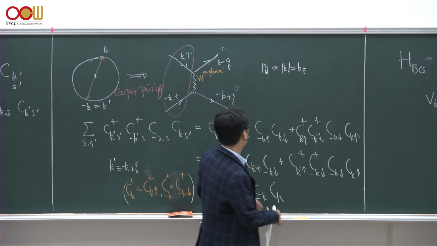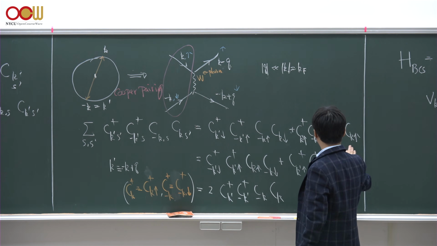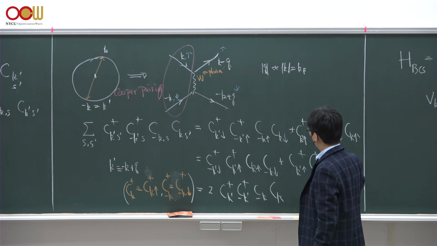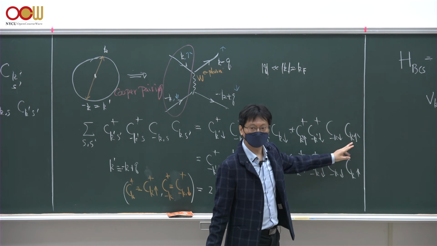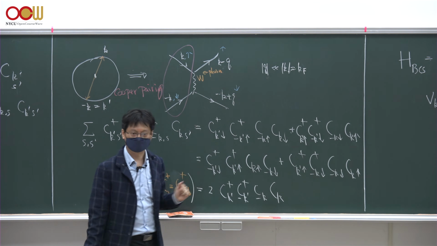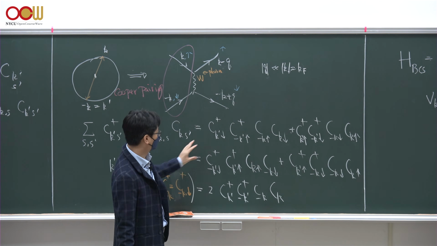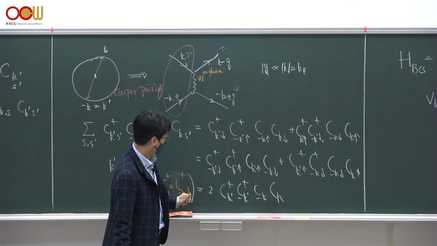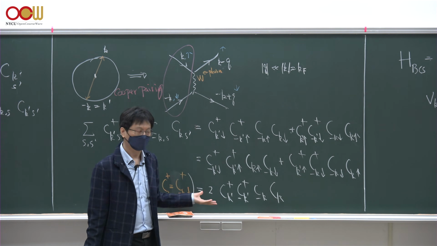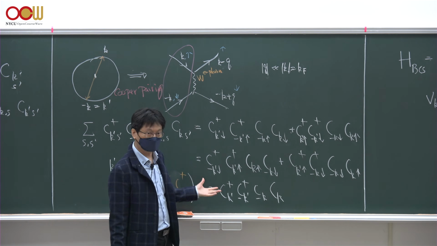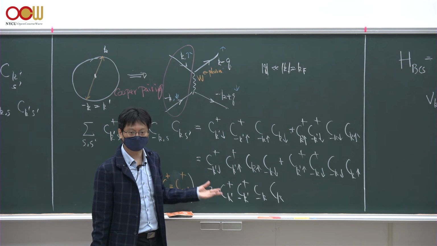First, this k with a minus spin, and another k with a plus spin. Once the spin attached to this k is fixed, then all the other spins are fixed. But you could rearrange all these operators of these 4 fermions, and you can show that since k and k prime are dummy summing variables, it doesn't matter which name I call them. I can call this k prime, or I can call this k prime k.